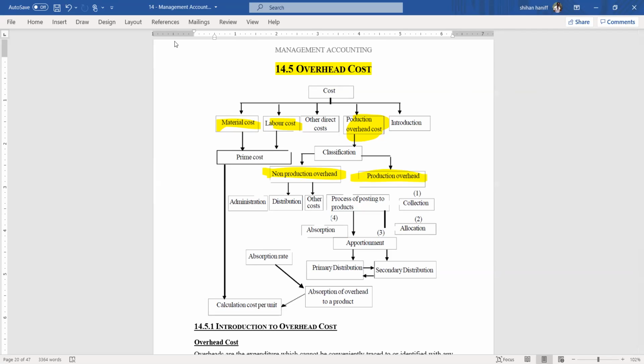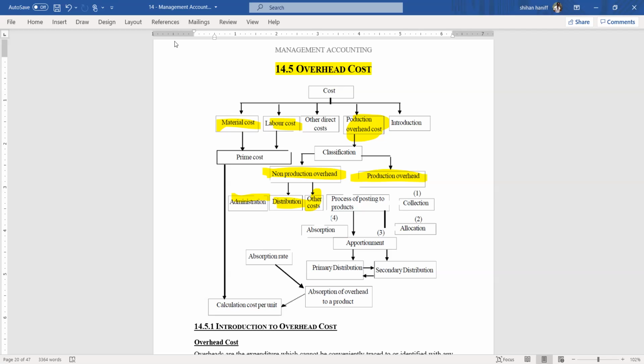So non-production overheads goes to the income statement, profit and loss account, administration, distribution, and any other cost. Then the production overhead cost will be taken under the manufacturing account. Right?